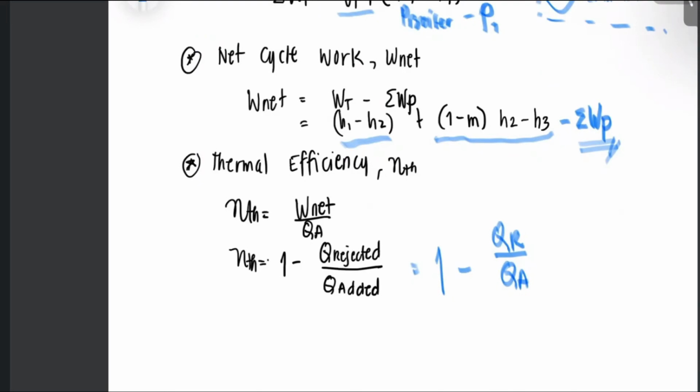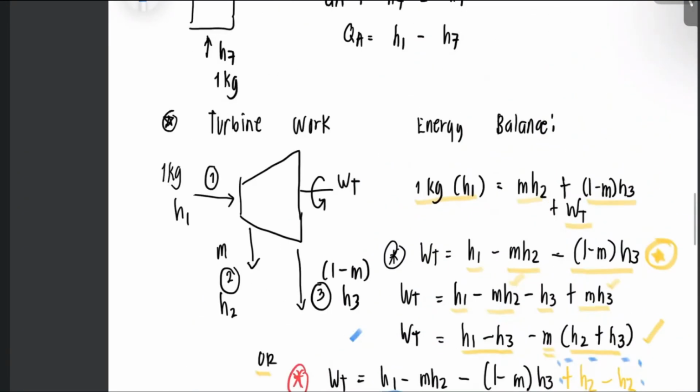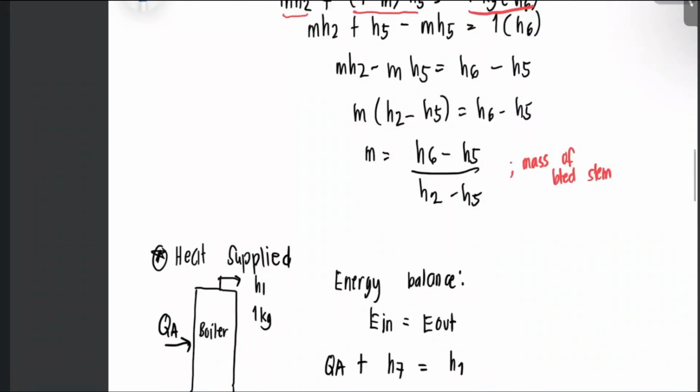Kasi once na dinerive mo naman siya, mag-equate lang naman to. Okay? Pero ito kadalasan ginagamit natin. Ayan. Work net over the heat added. So, sa heat added natin, sa boiler lang yan nangyayari. Okay? So, this is the derivation on a given open feed water heater.